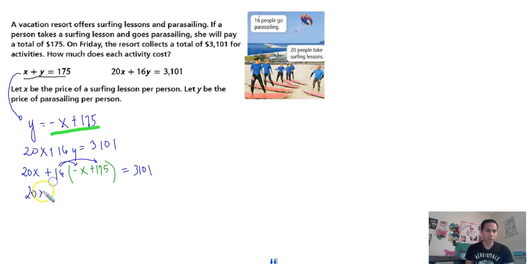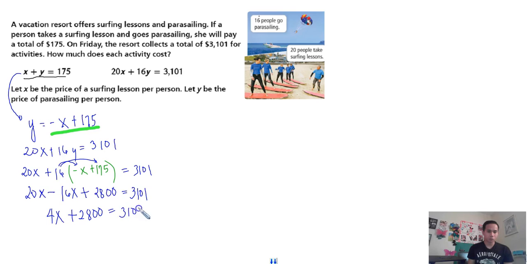So this one would be 20x minus 16x, because positive times negative will give you a negative, and then plus 16 times 175 will give us 2800, is equal now to 3101. And then we combine like terms, so 20 minus 16, that is 4x, plus 2800 is equal to 3101.